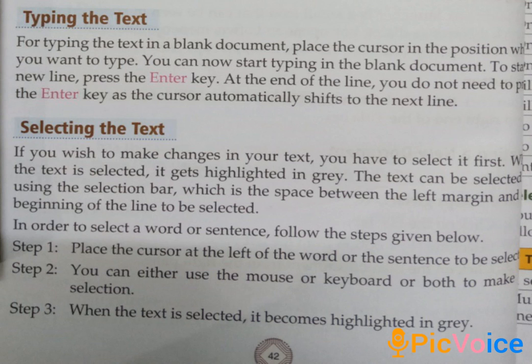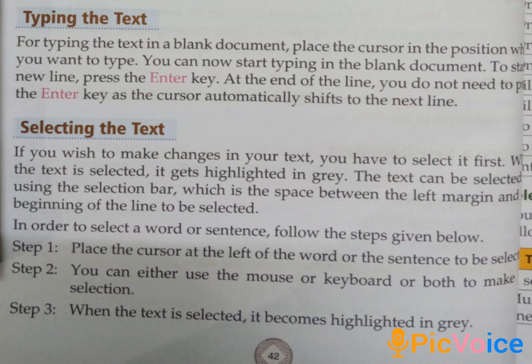Dear students, typing the text. How we can type the text in Word documents. For typing the text in a blank document, place the cursor in the position where you want to type.